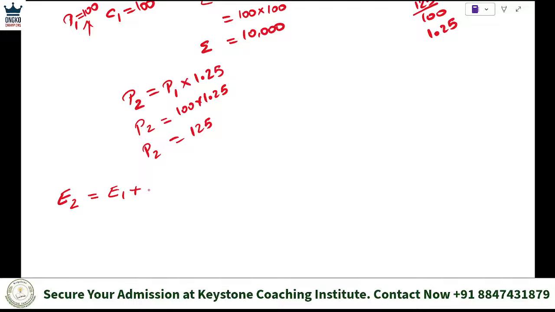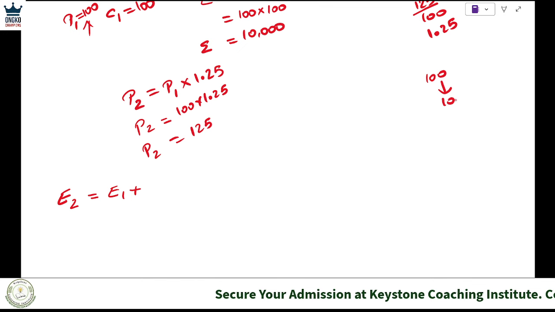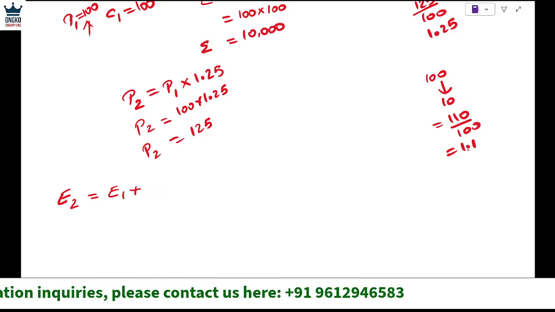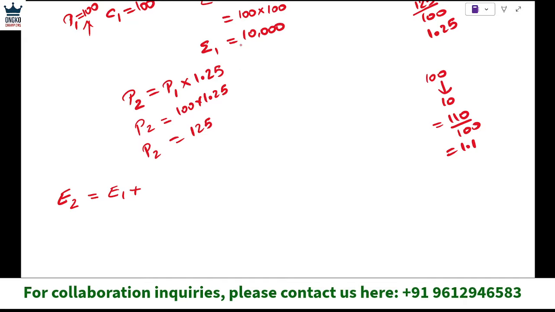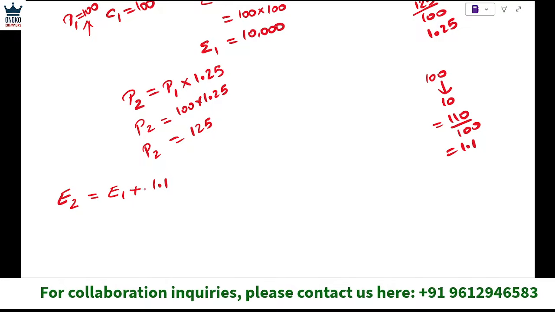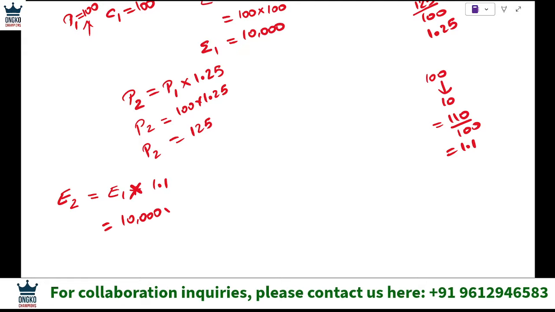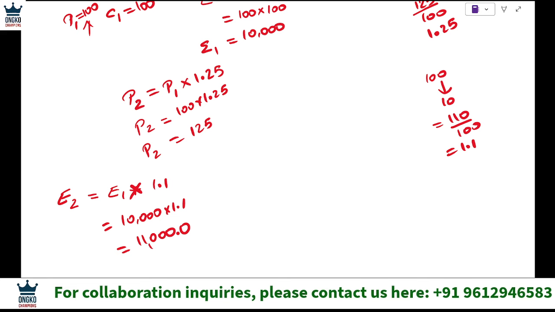If expenditure 1 is 100 and increased by 10%, it becomes 110%, which is 1.1. So if expenditure 1 is 10,000, into 1.1, then here we will get 11,000 rupees if we remove the point.